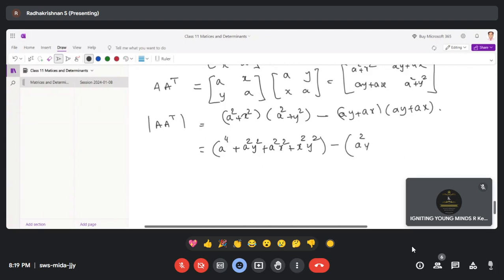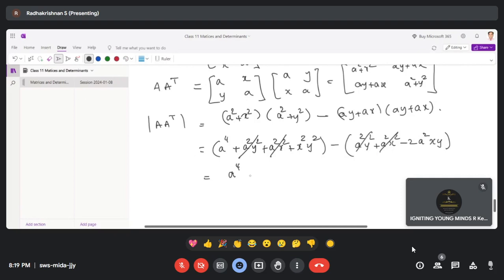So a square y square plus a square x square minus 2a square xy. So now is something getting cancelled? You see that a square y square gets cancelled, a square x square gets cancelled. Okay. So now what remains?